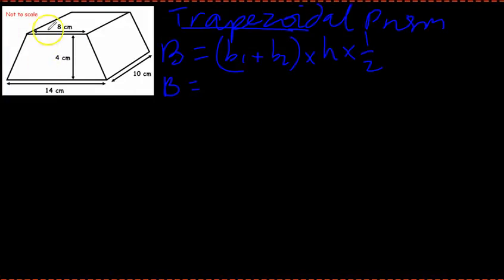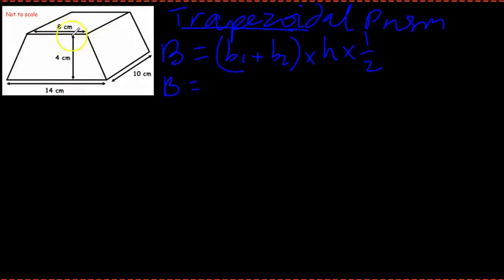So our capital B is going to be base 1 plus base 2 times the height times 1/2, the formula for the area of a trapezoid. Focusing on just the trapezoid now, base 1 is 14, base 2 is 8, and the height.